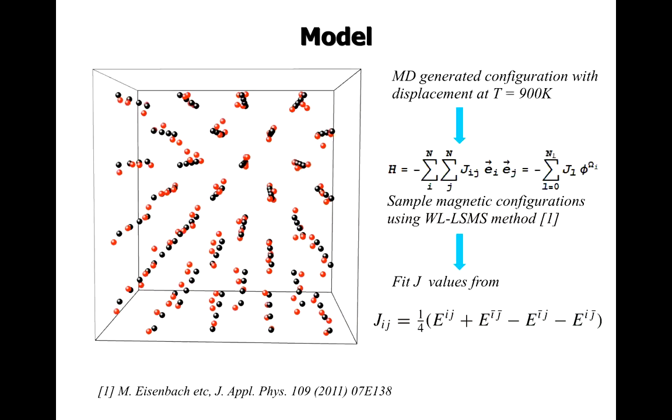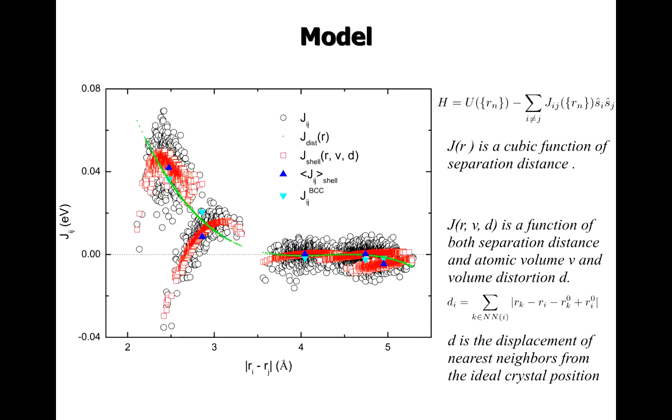But once we have this, all these pair exchanges of Jij that come out of these calculations are represented by these black circles, and you see it's quite complicated behavior that not only depends on the separation between the pairs, but also what the environment is and where all the other atoms are.